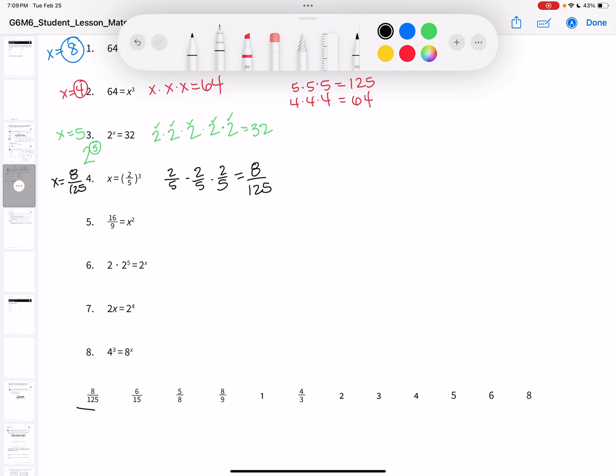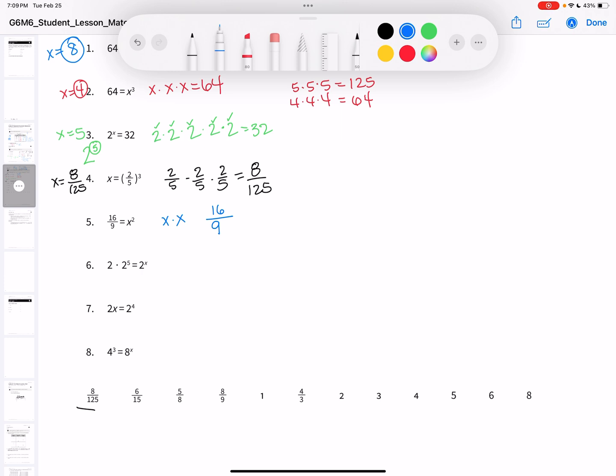Let's go on to our next one. 16 ninths equals x squared. So x times x has to equal 16 ninths. Well, this might sound hard. Hold on, I have to sneeze. Excuse me. But what you really need to do is look at what times what equals 16 and what times what equals 9.